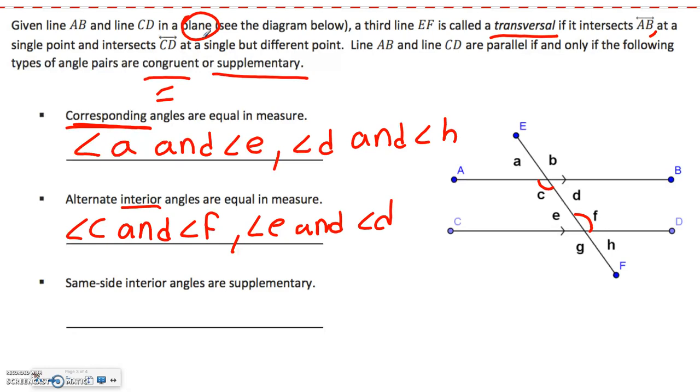Now, same side interior angles. Again, we're talking about the interior angles. That's angle C and angle E. They're on the same side. Notice that C and E are on the same side, and they're on the interior as well.